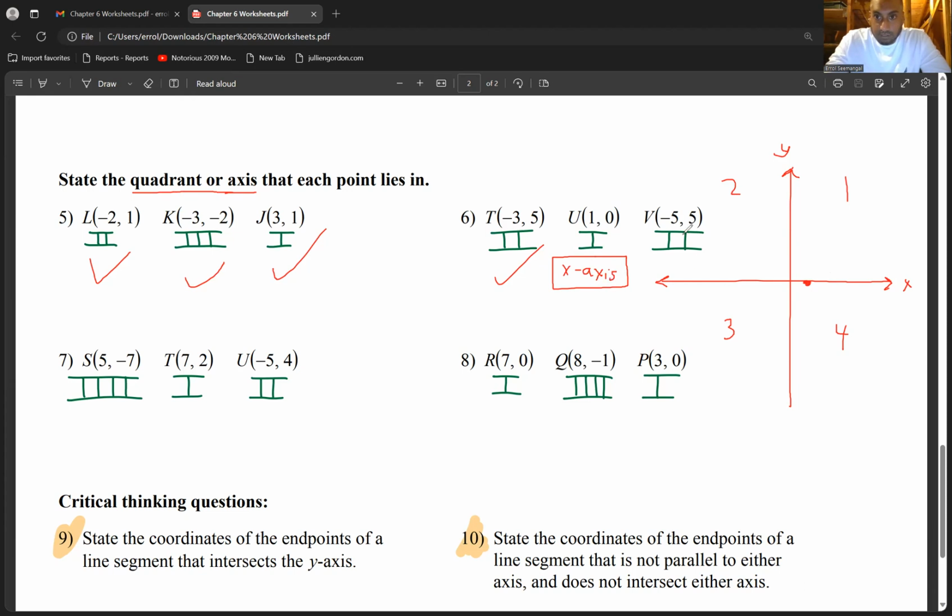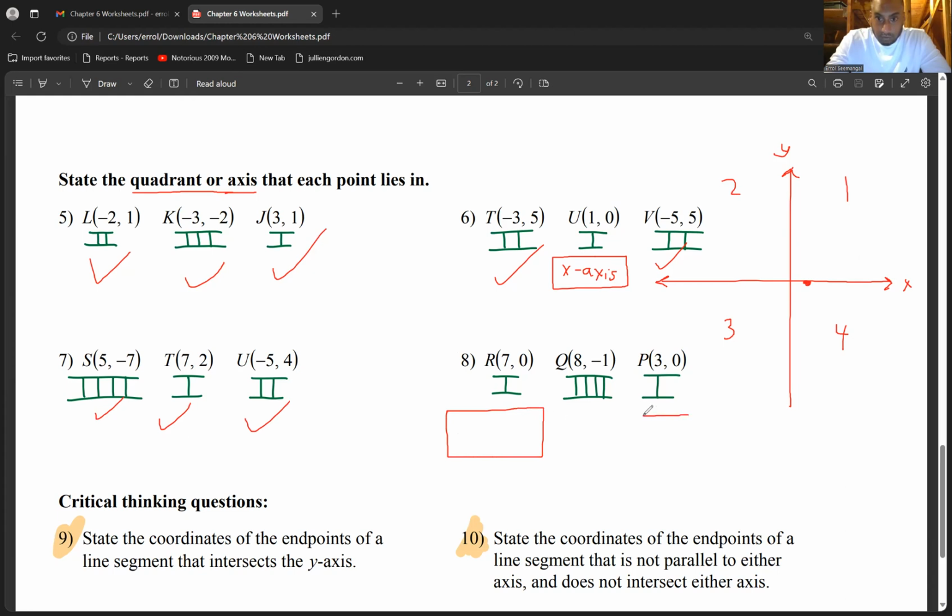Okay, (-5, 5) is quadrant 2. That one's good. (5, -7) is 4, that one's right. (7, 2) is 1. Yep. (-5, 4) is quadrant 2, that's right.